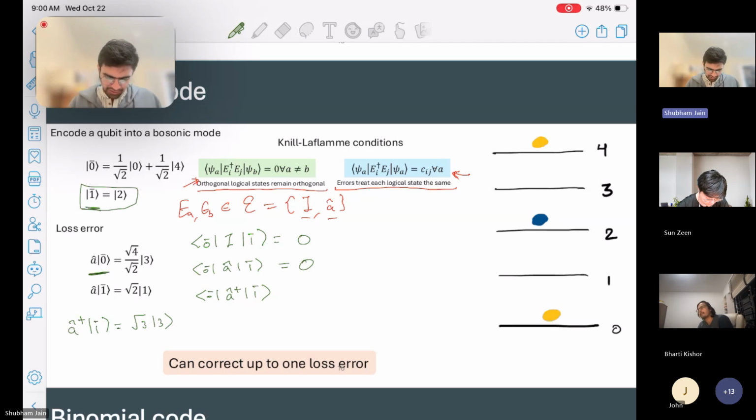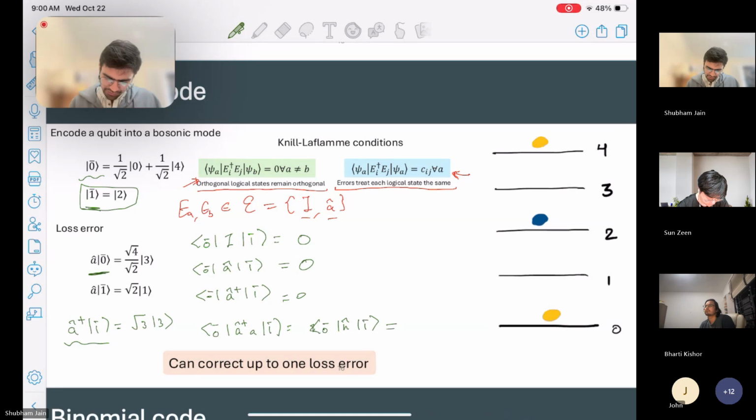And again, then we can look at the overlap of this with the 0 logical state, where the overlap again is 0. So this again is 0. And the final condition would be a dagger A1, which is nothing but the n hat operator. And the n hat operator doesn't change the Fock number at all.